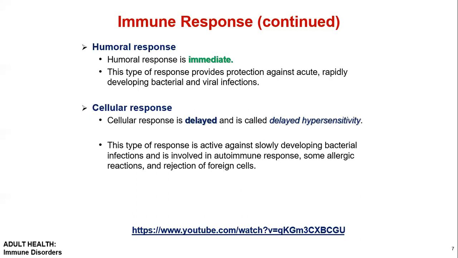Example: a patient has both kidneys damaged, end stage renal disease, and the patient takes a kidney from a donor, but the new kidney, the kidney implanted, the patient's body rejects it because the patient's body identifies the new kidney as a foreign body. Cellular response. Some allergic reaction is a cellular response.